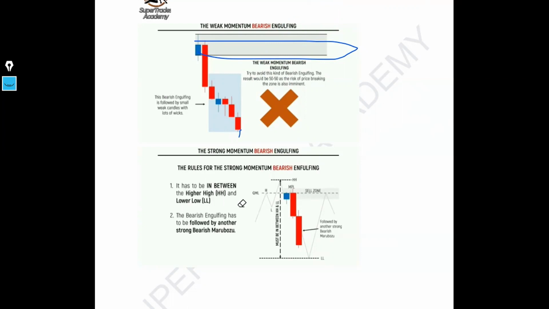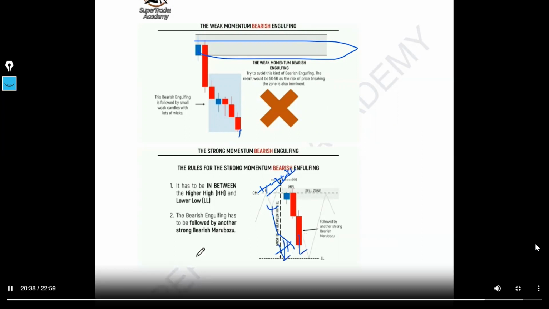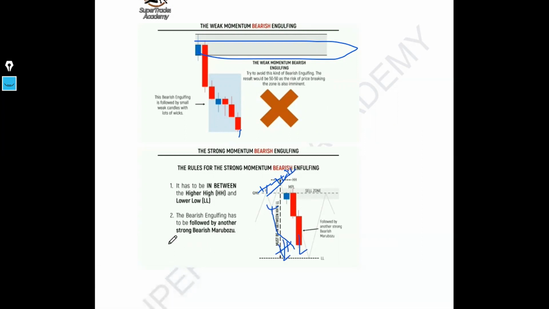The rules for the strong momentum bearish engulfing: it has to be in between a higher high and a lower low. The bearish engulfing has to be followed by another strong bearish Marubozu. So this engulfing must be followed by this. If you don't see this and you see some small candles, this zone may not be valid. You have to see rapid movement.